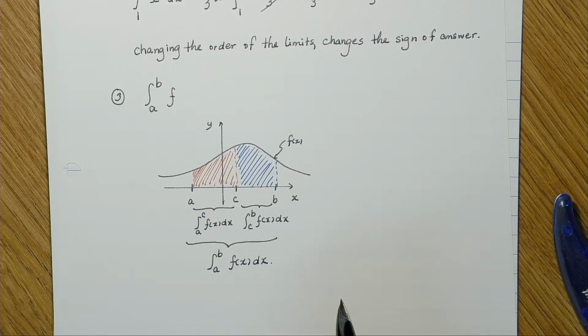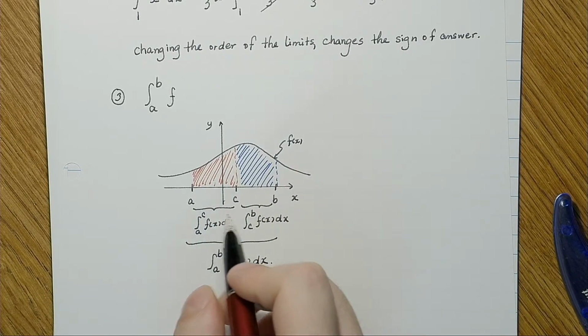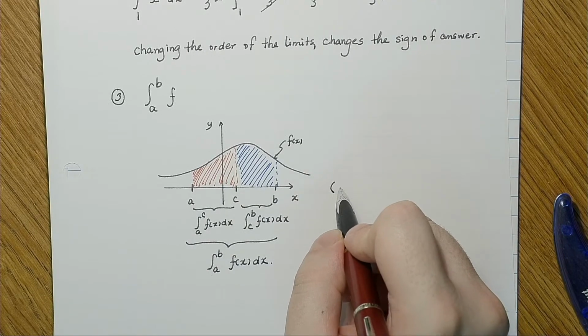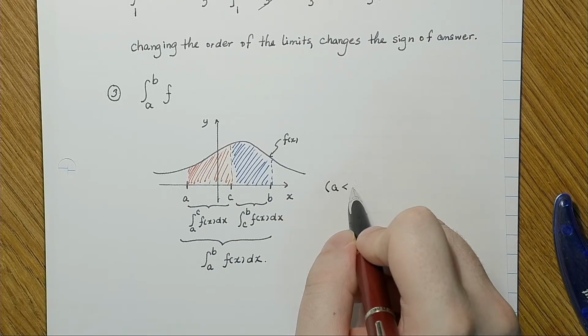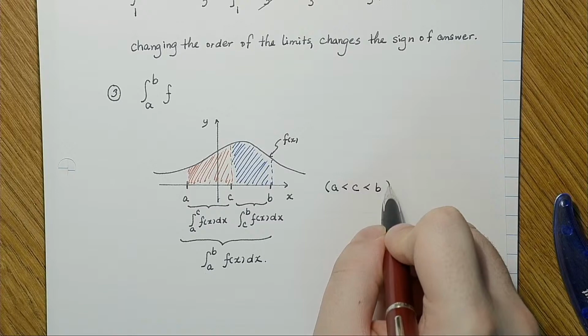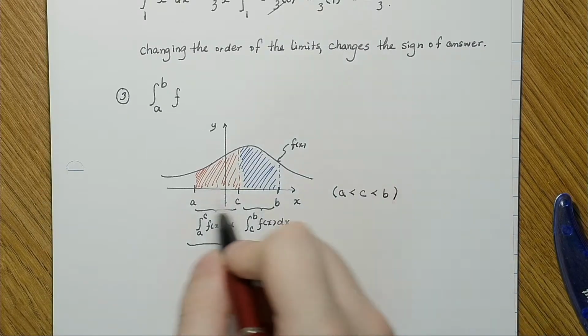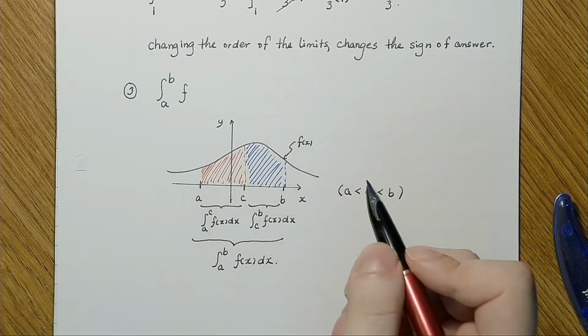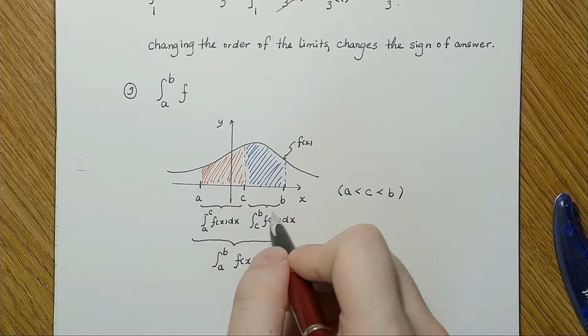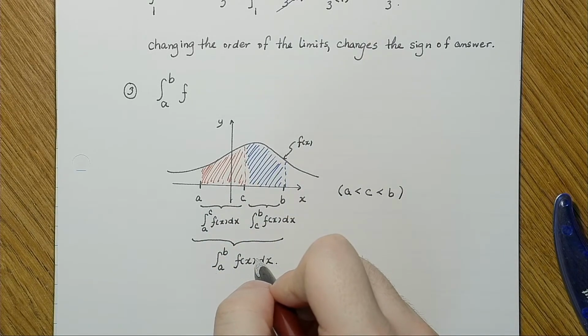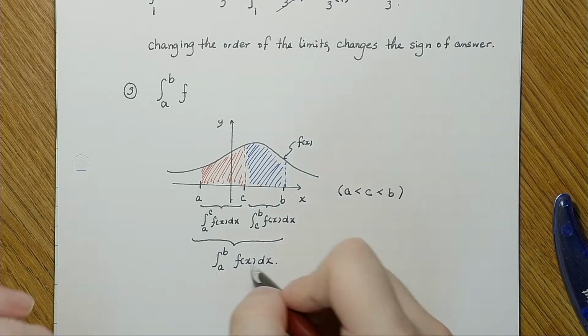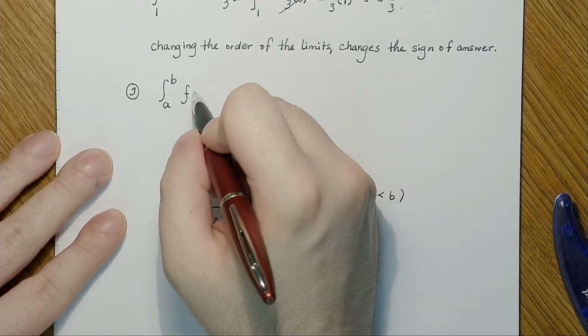That's it. So if you split them up, with A less than C less than B, so C is in the middle between A and B, splitting it up, then if you sum those two up, we would expect it to be the sum.